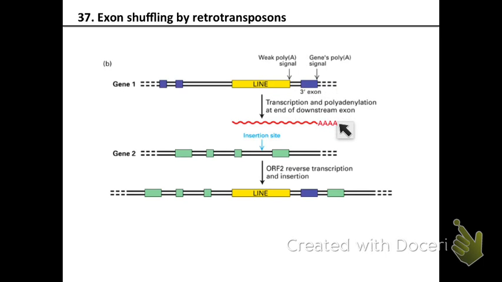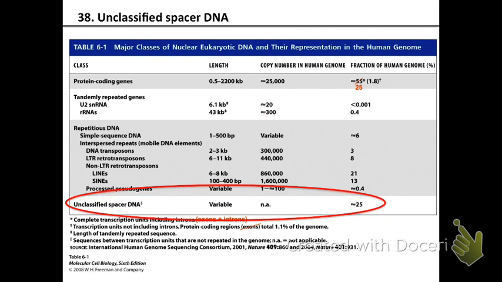You will create an RNA intermediate product that's going to contain the LINE and also the exon, right? And if the transposition event now inserts it into a second site, you're going to have a copy of the LINE, and it also brought in, along with it, the last exon of the original gene, right? So that's how it can shuffle in a new exon and create a new gene.